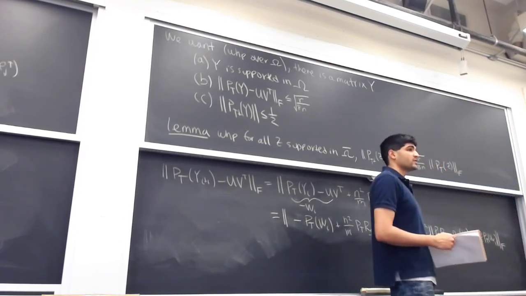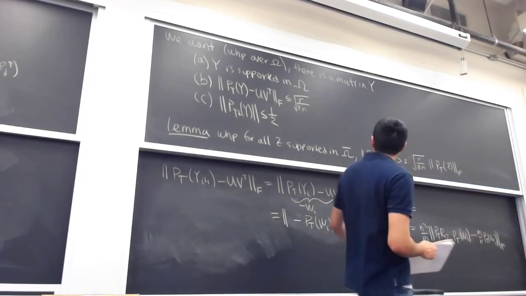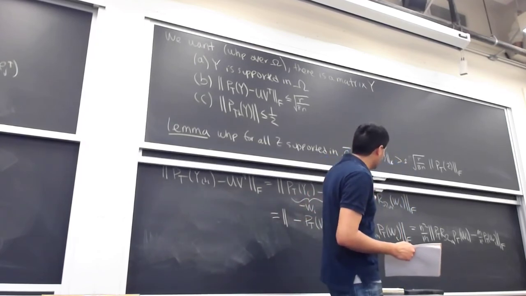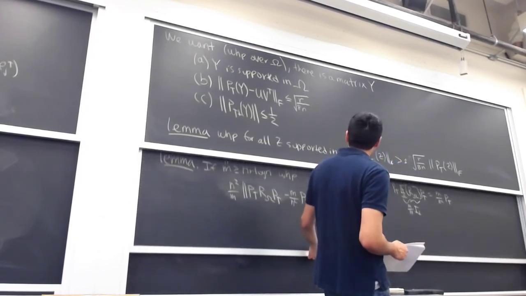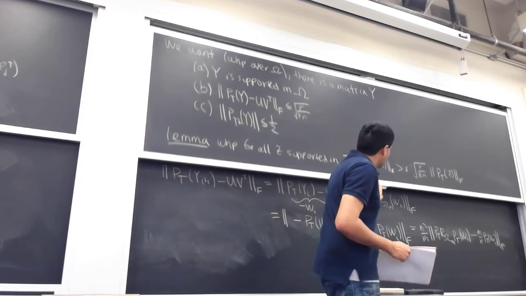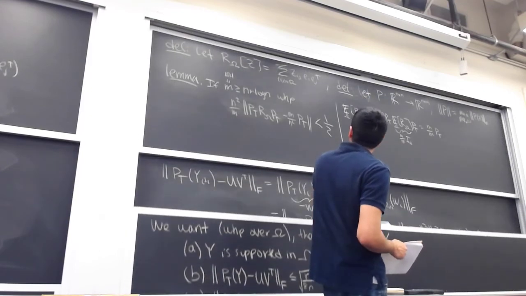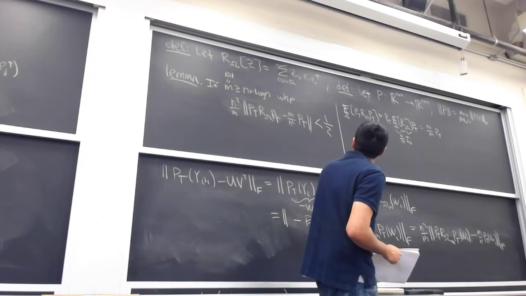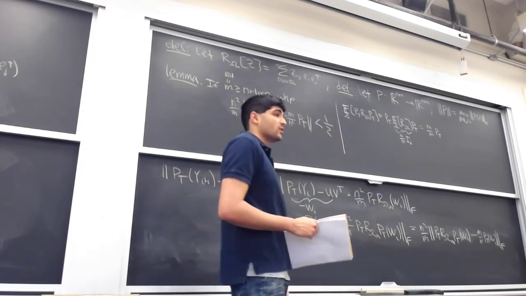I've just pulled out the n squared over m. And now this should look pretty familiar. I guess let me put this down to MD. That's our lemma.